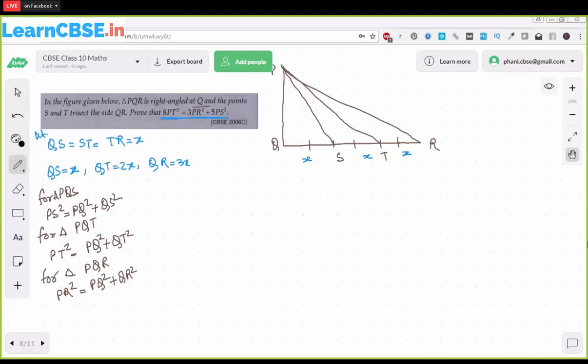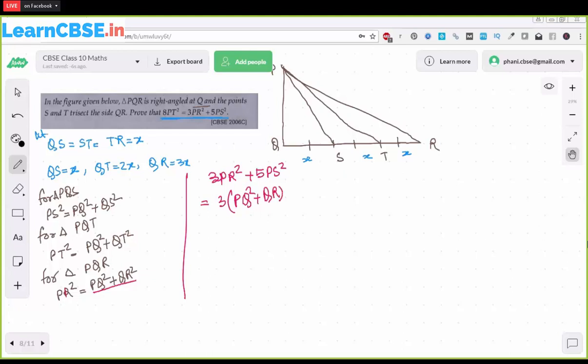Let's write down the right hand side of the proof: 3 PR square plus 5 PS square. PR square can be written as PQ square plus QR square, so 3 times PQ square plus QR square.